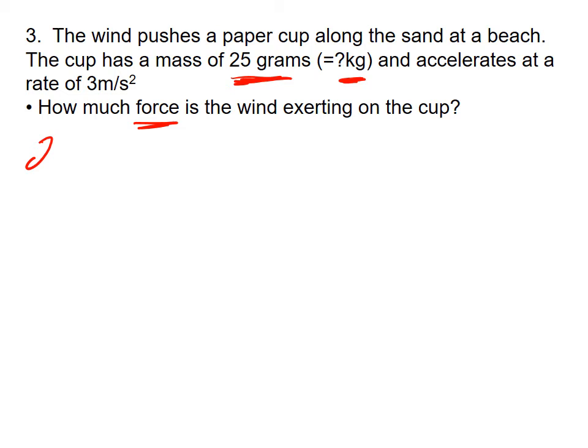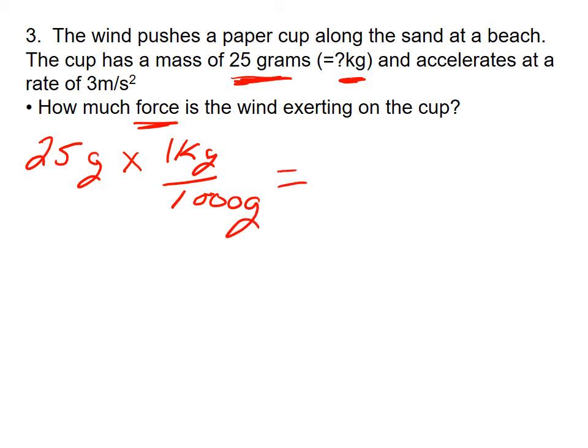So the first thing I'm going to do is change 25 grams into kilograms. And I know that for every 1 kilogram, there is 1,000 grams. So the grams will cancel.